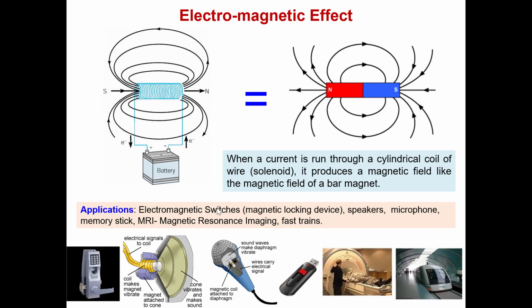Let's review the electromagnetic effect. When the current is flowing through the solenoid, it produces a magnetic field like the magnetic field of any bar magnet or permanent magnet.